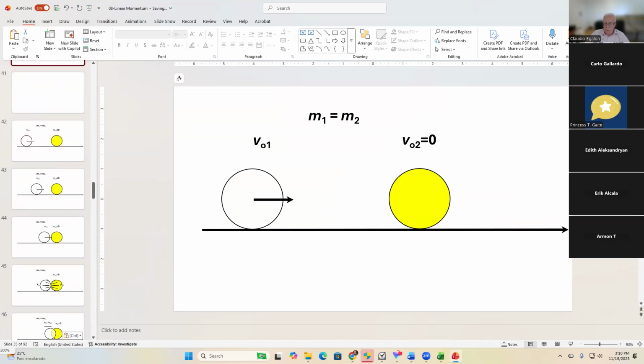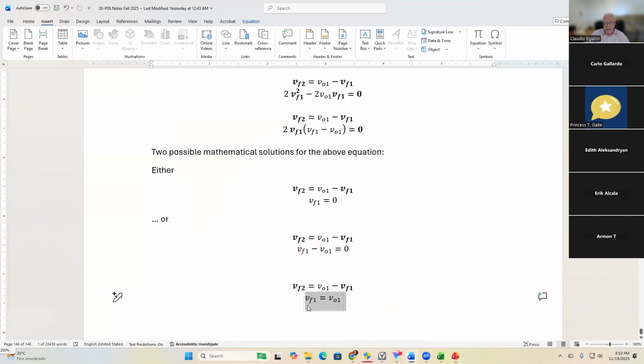The second solution is telling us that the final velocity of 1, the first object, doesn't change its velocity.